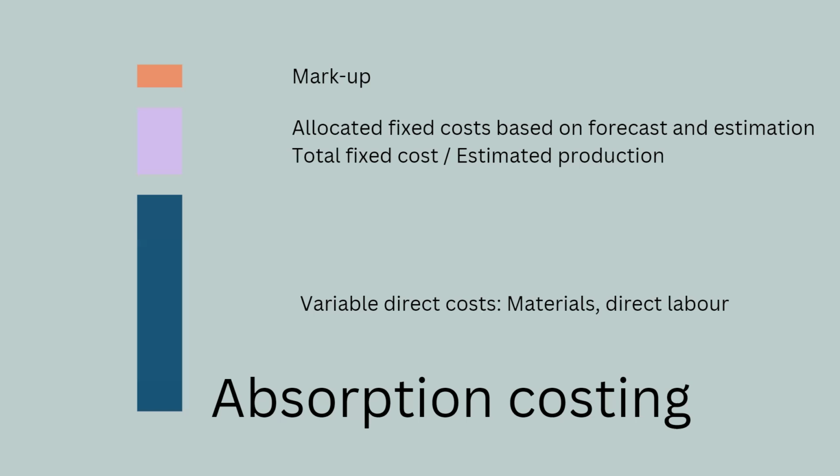Therefore, the total fixed cost here and the calculation of the allocated fixed cost is quite arbitrary, and it's subject to a lot of opinions and decisions, and not as objective as we expect. And finally, we can add a small markup on top of the total cost here, both the variable costs and the allocated fixed cost.